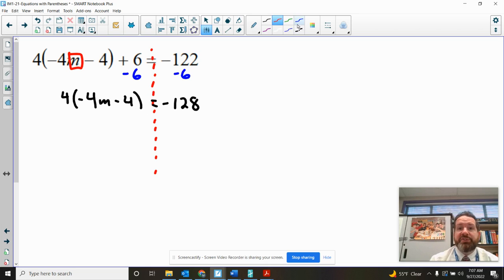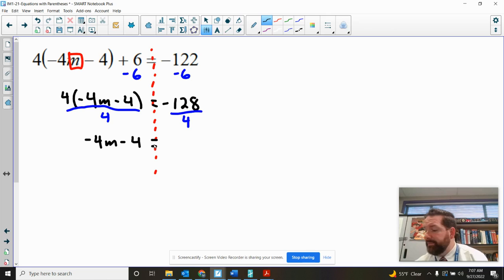I like to keep my numbers small if I can, so I'm going to divide by 4. That'll leave us with this 4 in the front. It's the front 4 we're dealing with. And this 4, those reduce down to 1. 1 times the parentheses is just what's in the parentheses. And on the other side, -128 divided by 4 is -32.